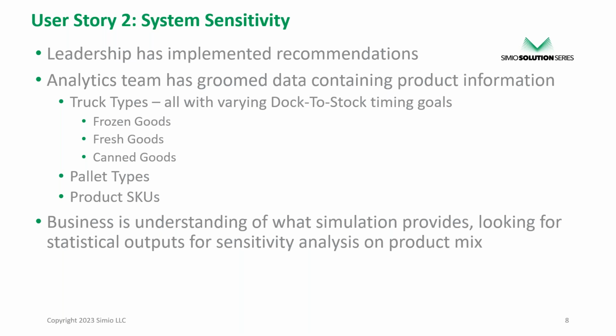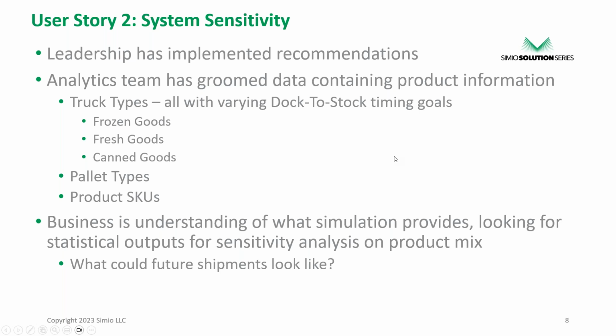Mainly, they now want to dig into the statistical outputs of what Simio can produce and see the sensitivity of how different product mixes, based on the data delivered by analytics, affect us. We want to see how sensitive our system is to potentially different truck arrivals. So if a certain truck type arrives more concentrated on a given day, is our shipping station set up to handle that?